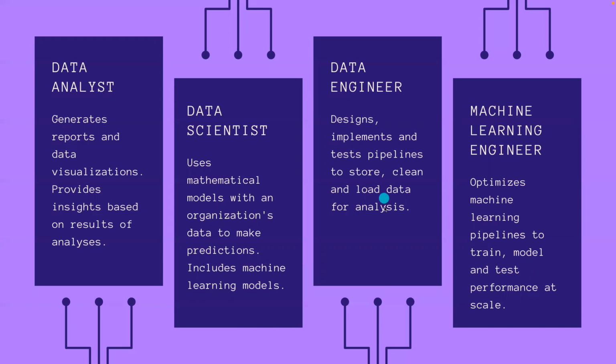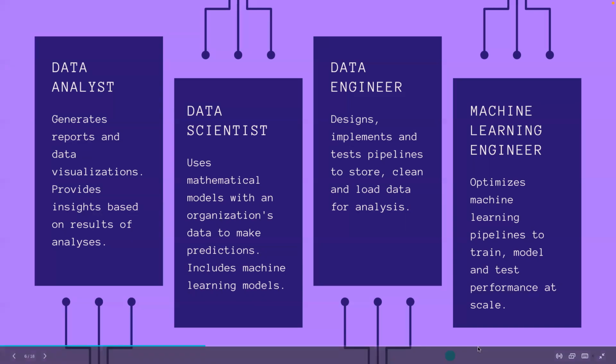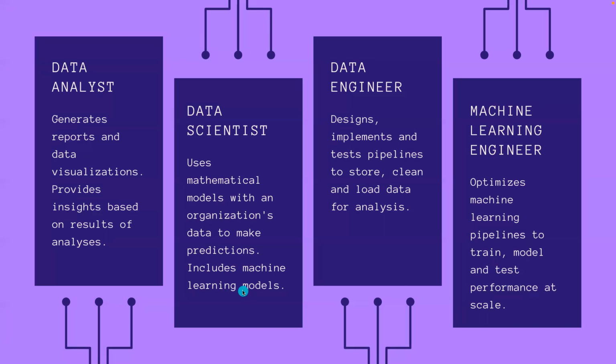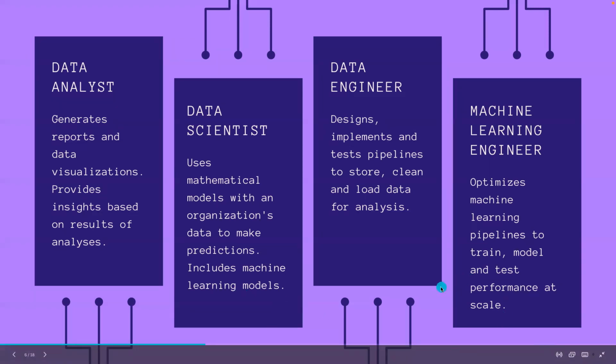So really, in order, the data engineer would feed data to the analyst and the scientist, and then the machine learning engineer would work in concert with the data scientist and downstream of the data scientist.